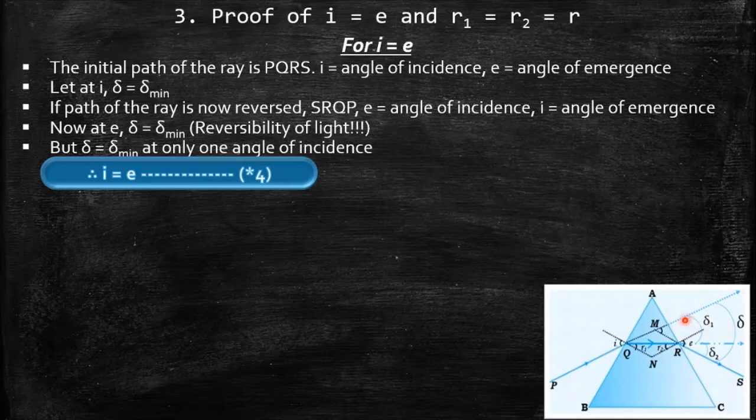So let's say for any particular angle of deviation, maybe 50 degrees as we pointed out in the graph previously, if at once I have I as my angle of incidence and E as my angle of, let's say, emergence, if I use the principle of reversibility of light, I will now get E as the angle of incidence and I as the angle of emergence corresponding to that particular value of delta alone, right?